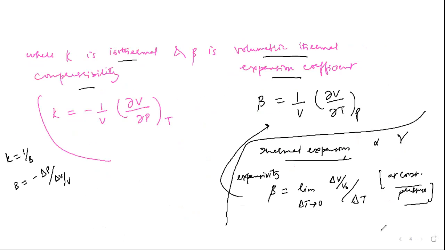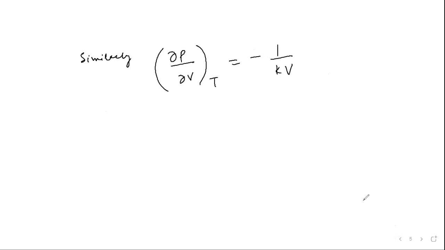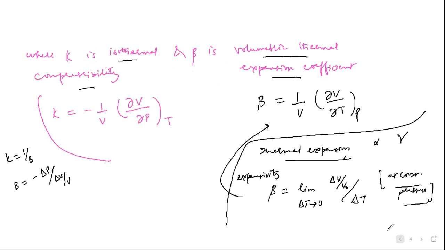I write it directly, but you can check it at home. Similarly, dou P by dou V at constant T is equal to minus 1 by K into V. I name it 5.